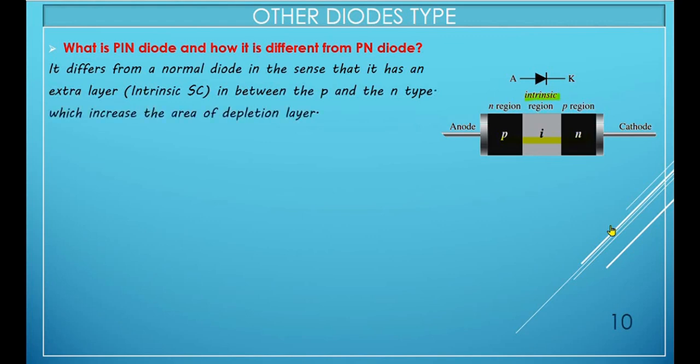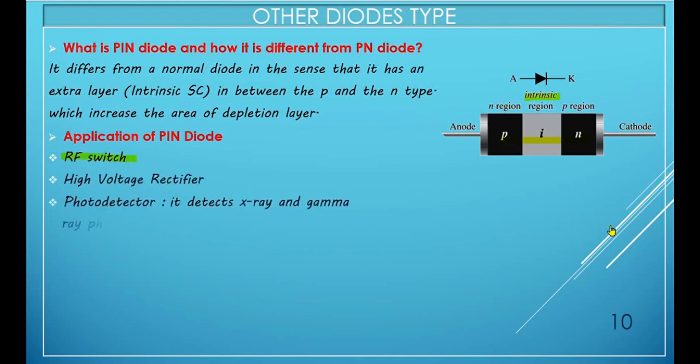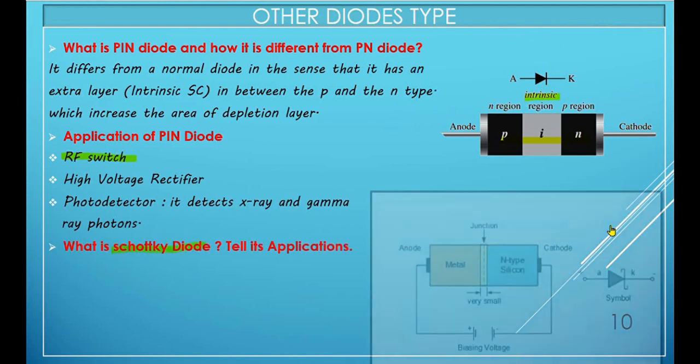Due to the use of the intrinsic region, the depletion width between p-type and n-type will be high, so transition capacitance will be low, so overall switching speed will increase. So the PIN diode is used as an RF switch, high voltage rectifier, and photodetector. It detects X-ray and gamma ray photons.